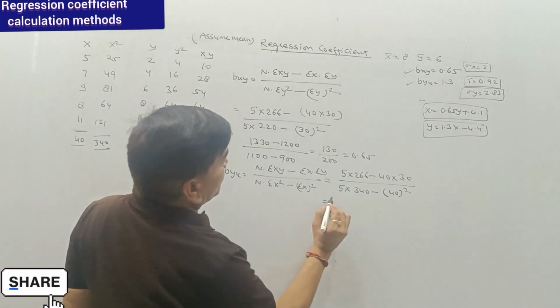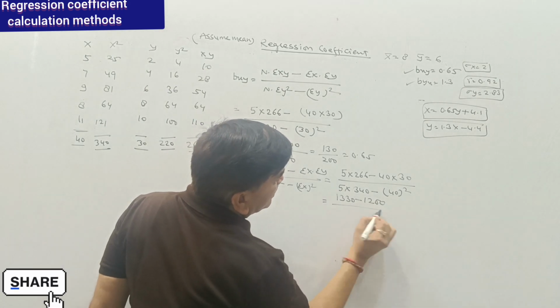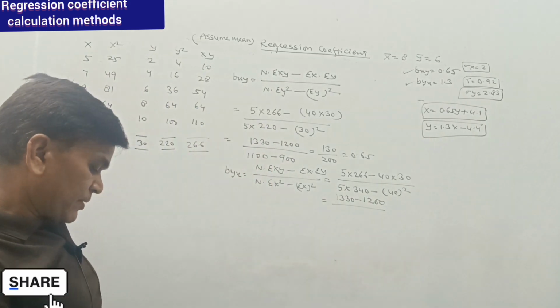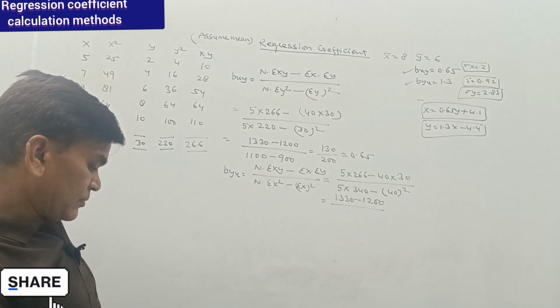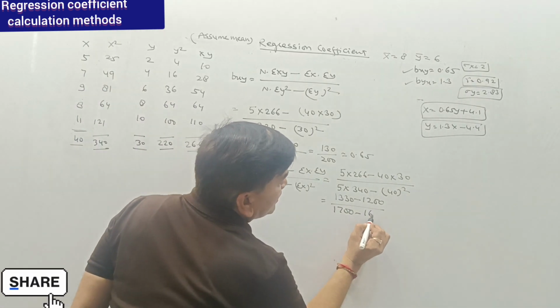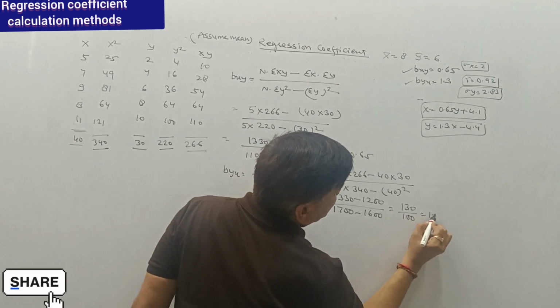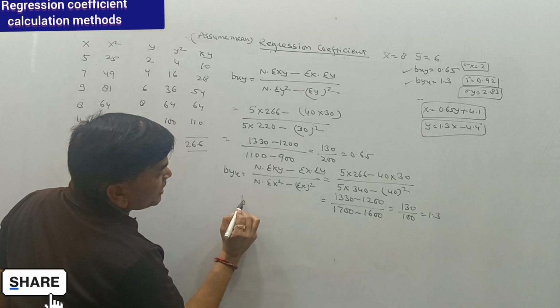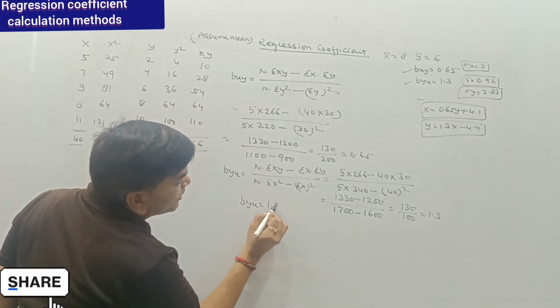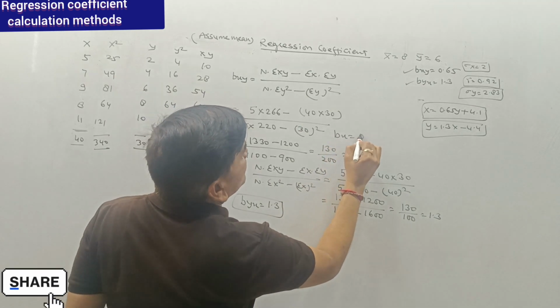So 1330 minus 1200 divided by 5 multiply 340, 1700, minus 1600, 130 divided by 100, that is 1.3. So byx is equal to 1.3 and bxy is equal to 0.65.